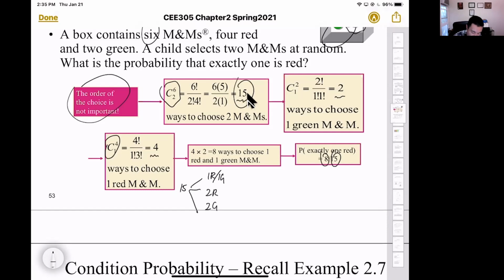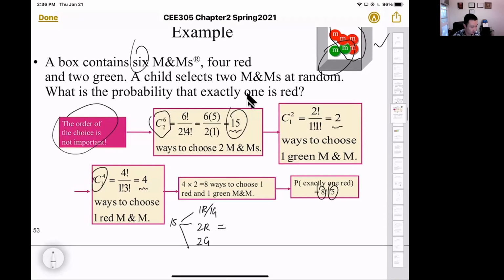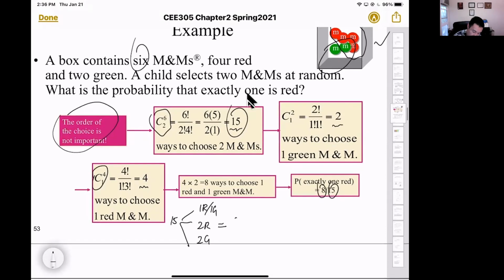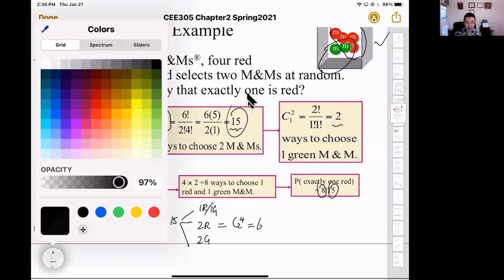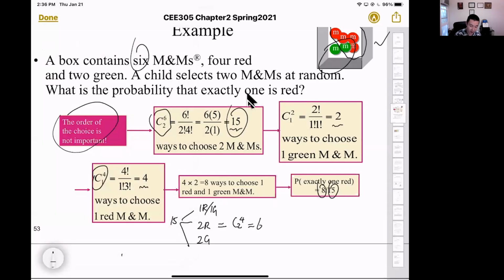Then we can calculate the probability for each. The easiest one is, what is the probability we get 2 red candies? We have 4 red candies. The order doesn't matter, so we pick 2 red candies from the total 4 red candies. It's C(4, 2), which is equal to 6. The chance we get 2 green candies: how many possible ways?